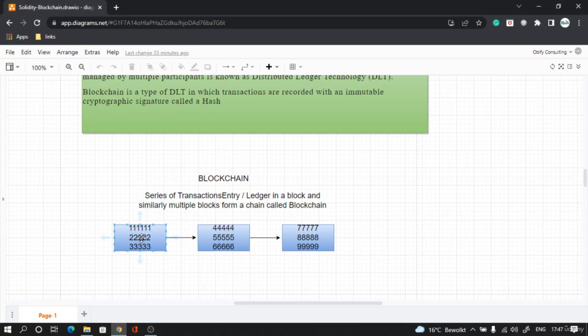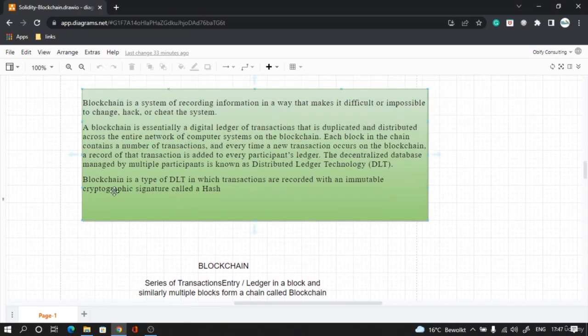A big number will be generated for that transaction, and that cryptographic number will be added to this block. That's what is meant by the cryptographic signature called hash.